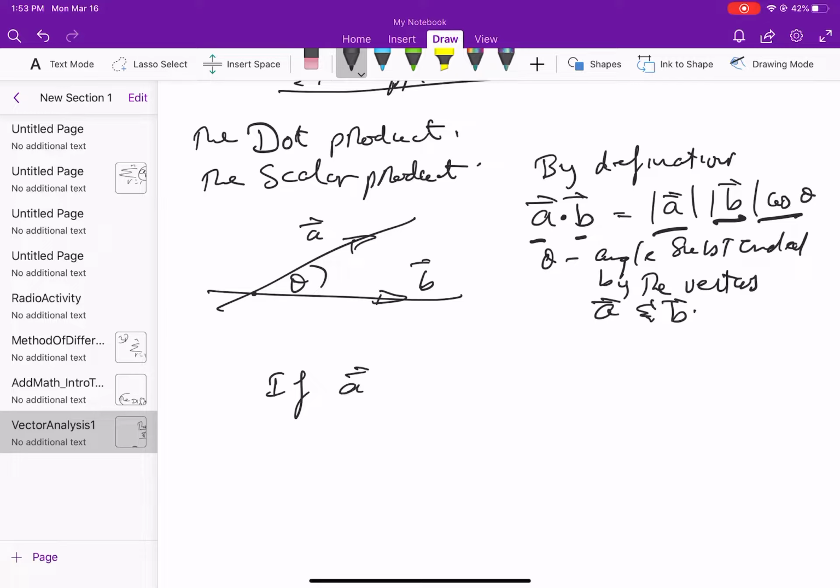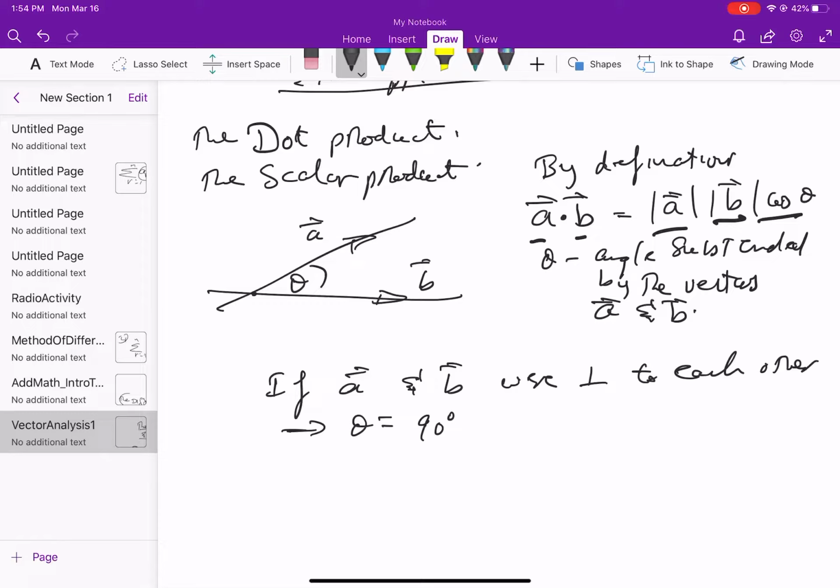If vector A and vector B were perpendicular to each other, then the angle between them would be 90 degrees. That would mean that theta is 90 degrees.